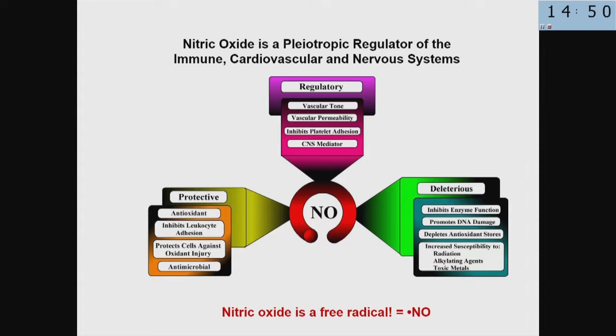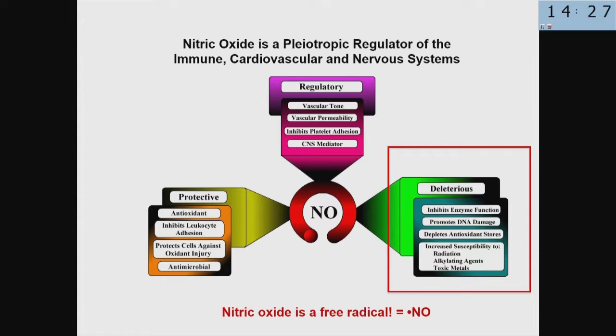Nitric oxide is a central regulator of different physiological actions, including vasodilation and neurotransmission, but it also has a dark side, which is the cytotoxicity related to nitric oxide. And much of our work over the last 2 decades has concentrated on understanding how nitric oxide can shift from a physiological regulator to a pathogenic mediator.